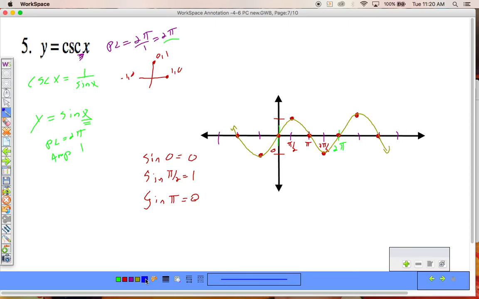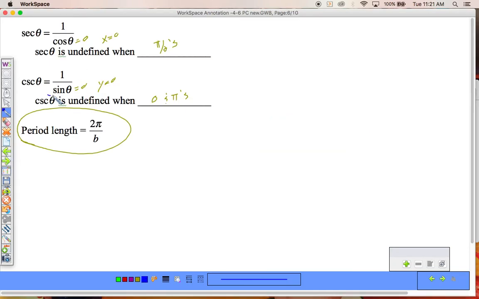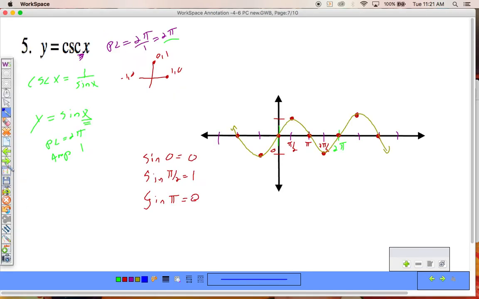All right. We said whenever the sine of theta equaled 0, I had an asymptote. So what I'm going to do, everywhere that I have an answer of 0 for sine, all my middle points, I'm going to draw vertical asymptotes at all of my zeros, all my middles.